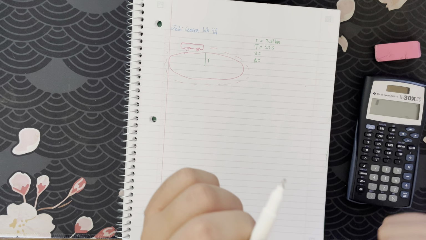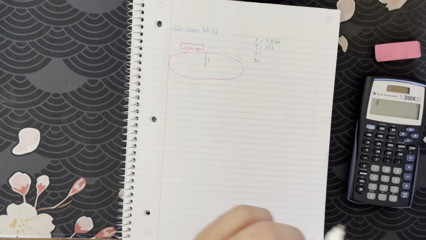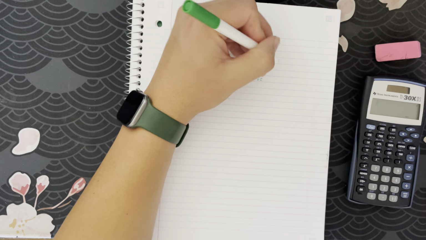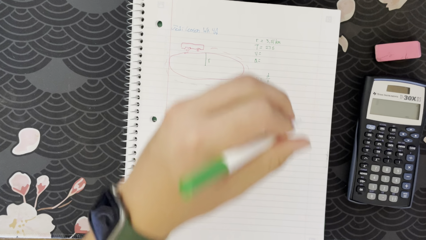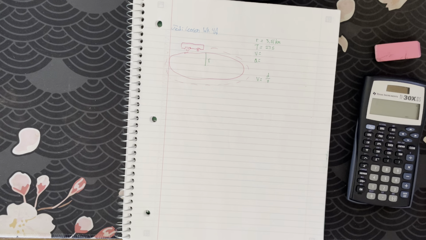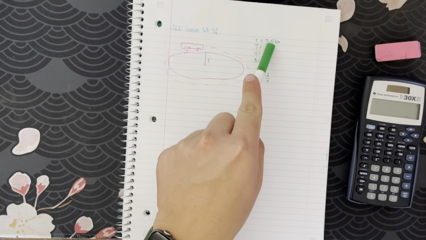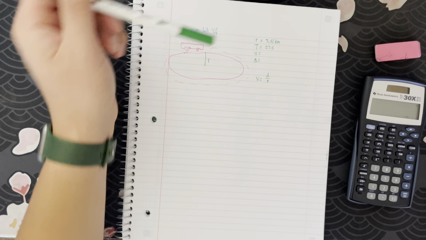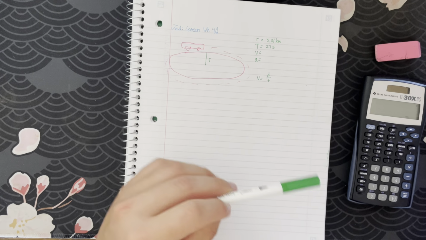In order to find our velocity, we use the formula d over t, distance over time. To find the distance of the entire circle, we do the radius times pi to get the whole circle.